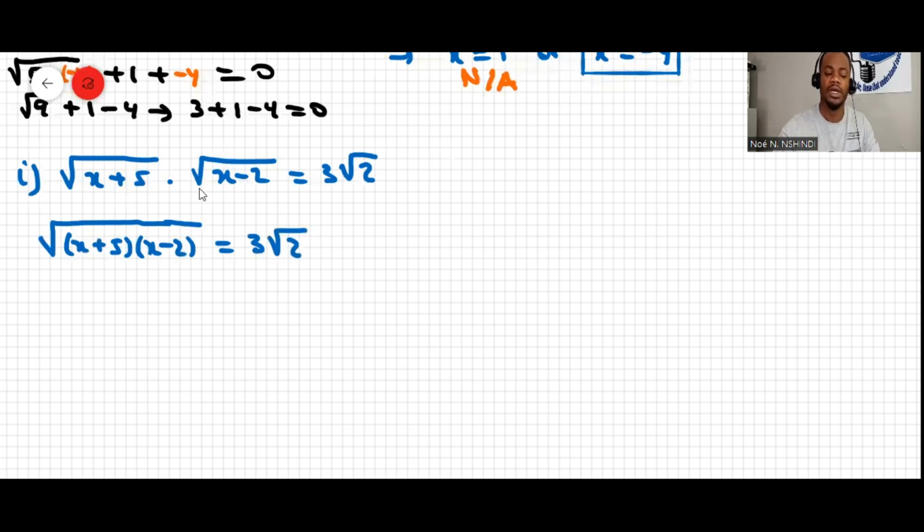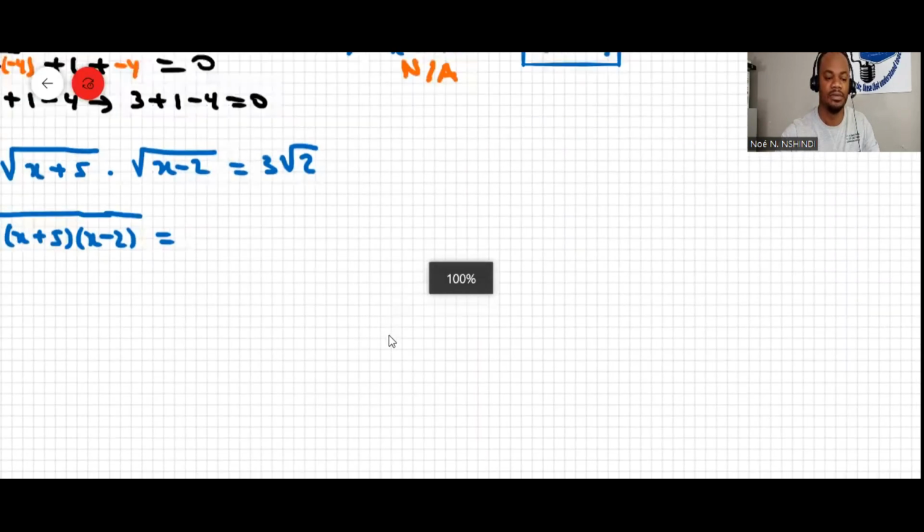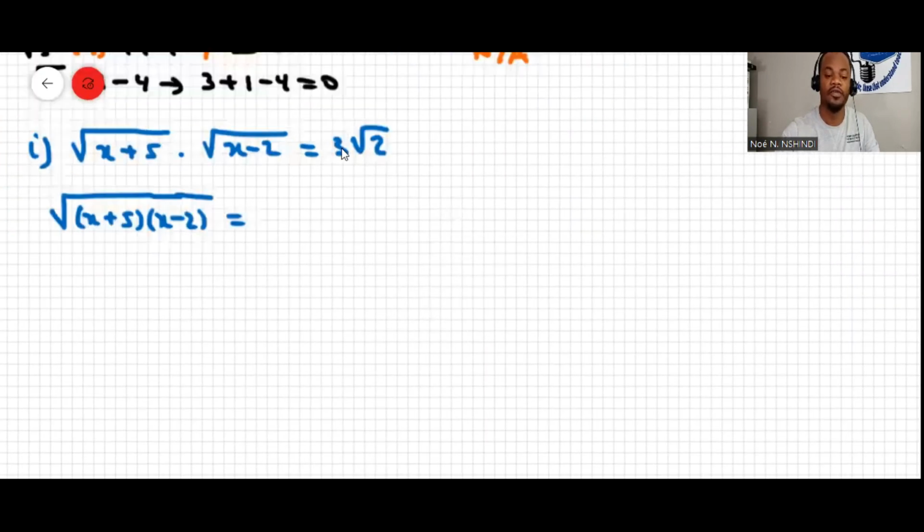Or we can do this. We can move the 3 inside the root.